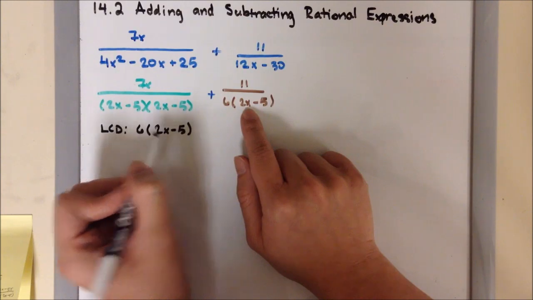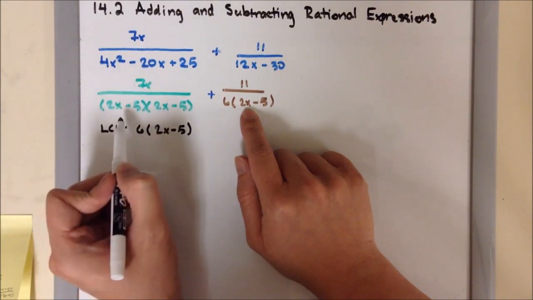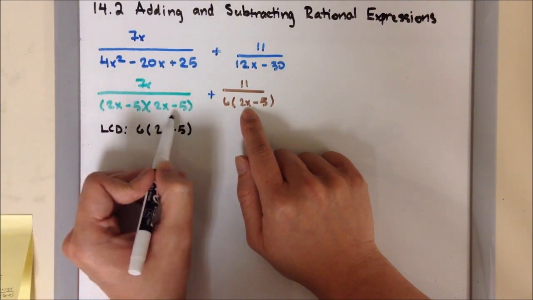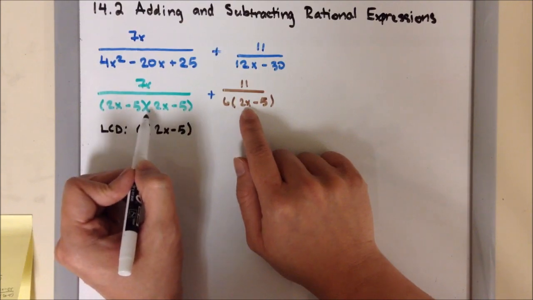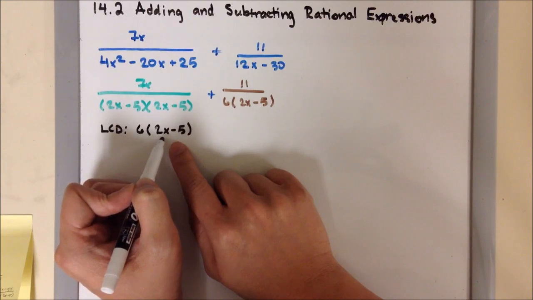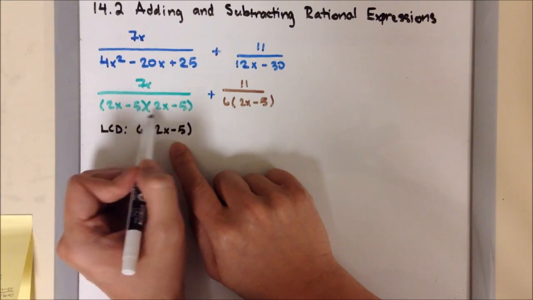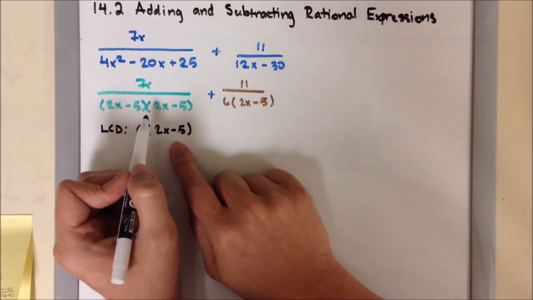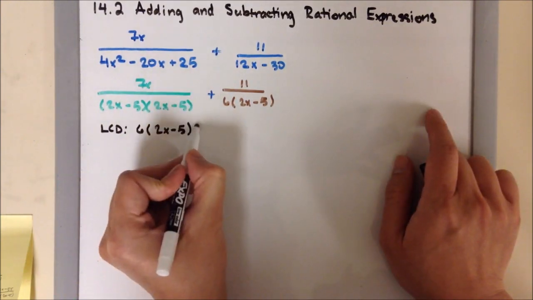So we have the 2x minus 5. Now let's look at the first fraction. We have two factors of the same thing, 2x minus 5. So in our LCD, we already have one 2x minus 5, and in the first fraction we have two of them. So I'm going to include one more 2x minus 5.